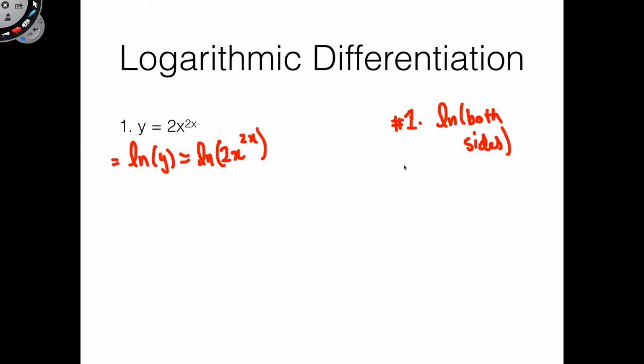Pretty simple. Now number two, we're going to simplify this, or in other words, we're just going to break it down. Because remember, the underlying idea behind logarithmic differentiation is that you use your properties of logs to decompose these very complicated expressions into smaller pieces that you can easily differentiate.